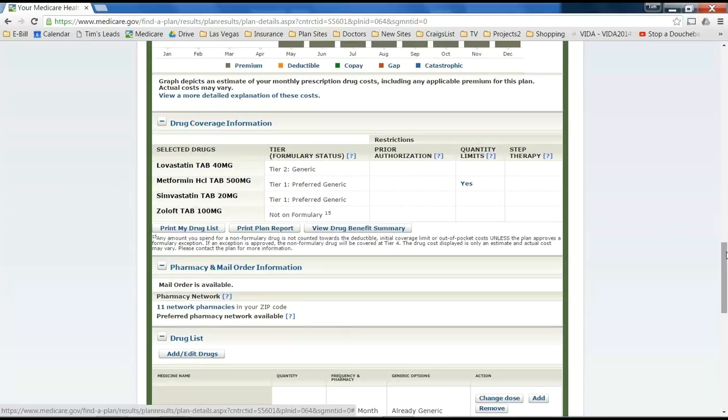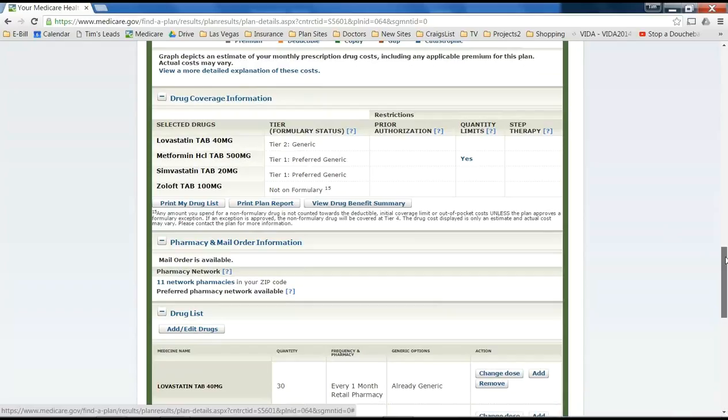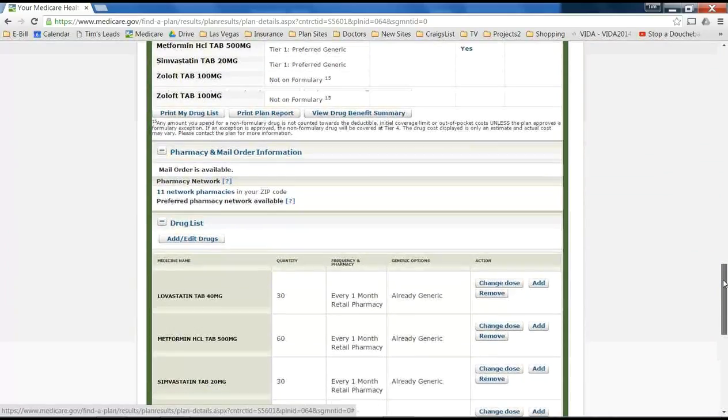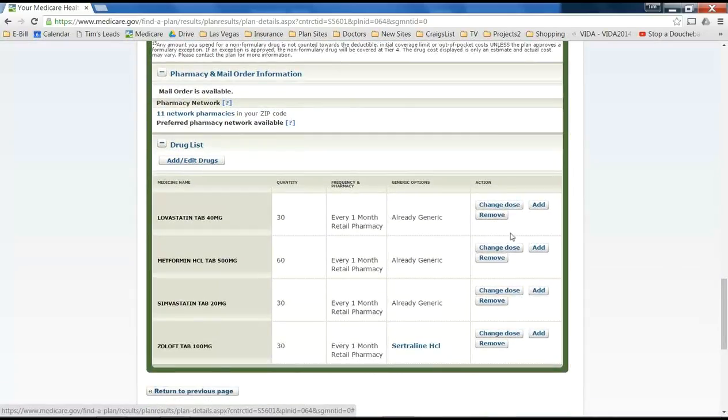So on a PDP, this is the least expensive one these folks would be able to get. Now here, you'll see that it has the list of the drugs in the order that they are. It also is showing me down here on this last one with that Zoloft the generic equivalent.